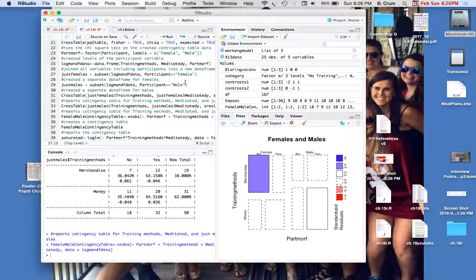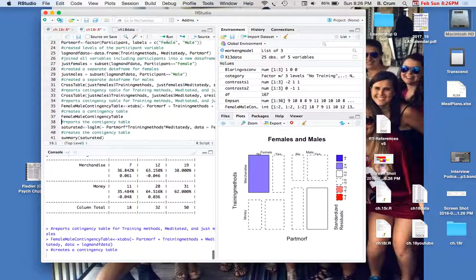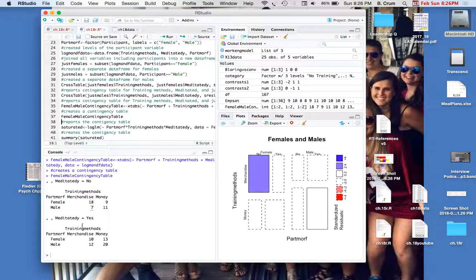This is where it just says 18 females were given merchandise, and this was if they weren't able to meditate. And then 10 who were able to meditate were females given merchandise, while 12 were males. So it's just another way to look at it.